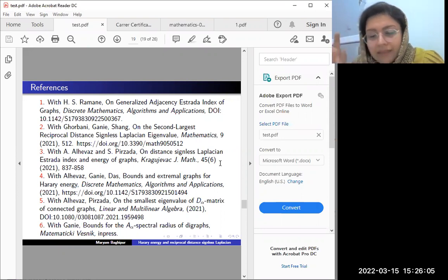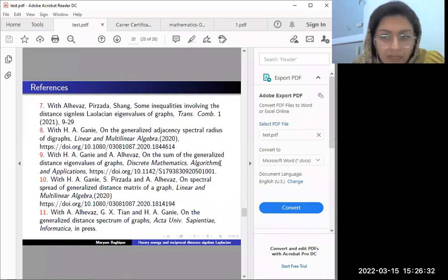A smaller eigenvalue and different concepts in terms of different graph parameters, because one of the important items is the smallest eigenvalue, or, for example, the maximum eigenvalue minus the minimum eigenvalue. And that's why we wrote some of my papers in reference.